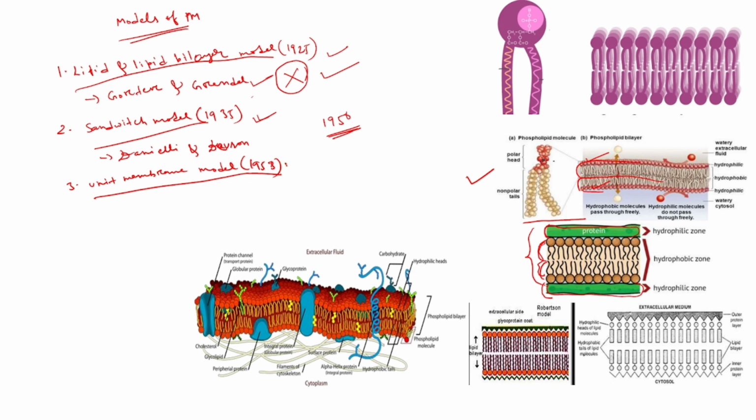So 1953 means it is the first model discovered after the discovery of the electron microscope. It is called the unit membrane model, and it was discovered by Robertson.